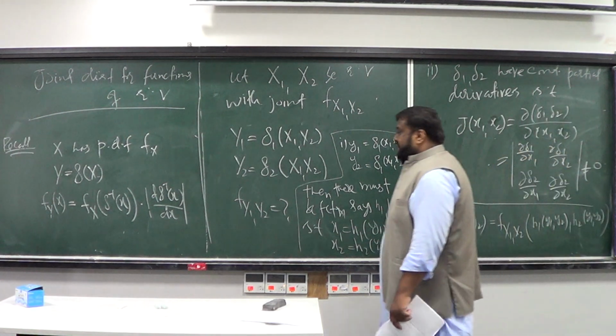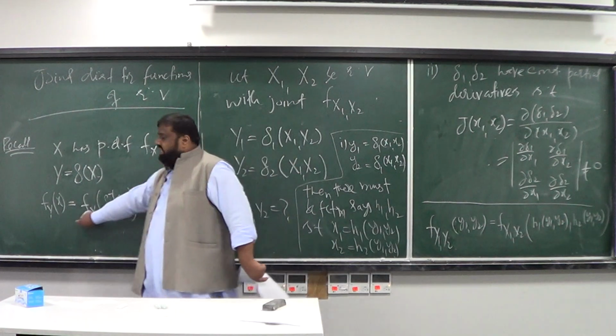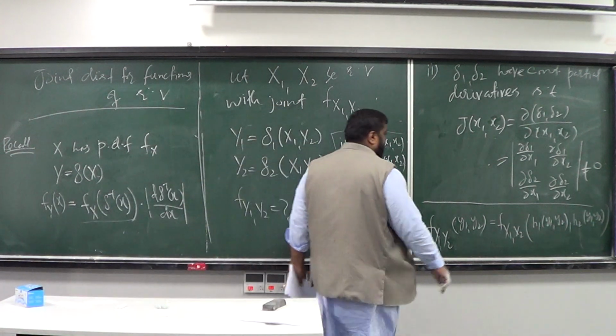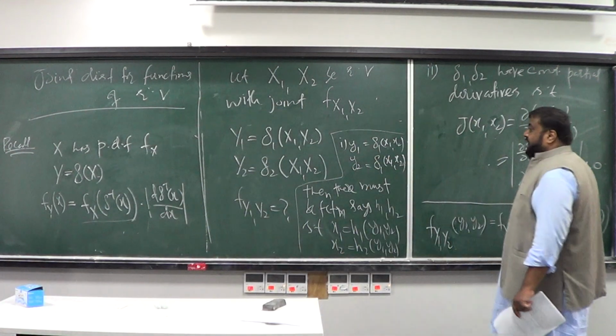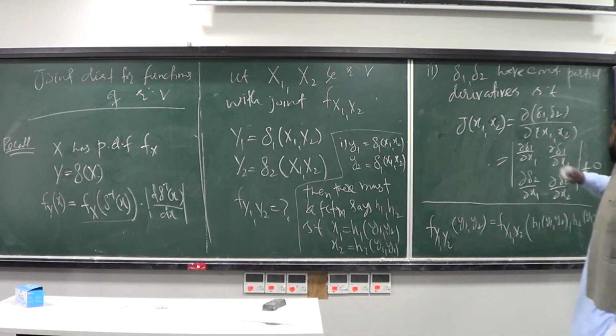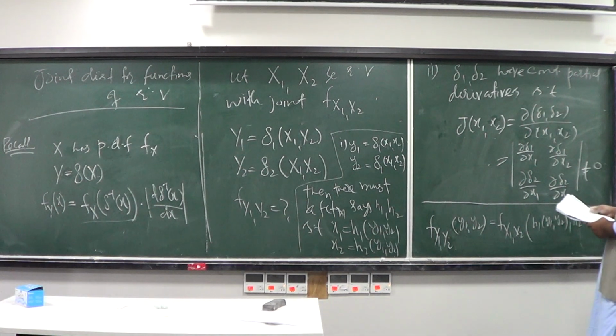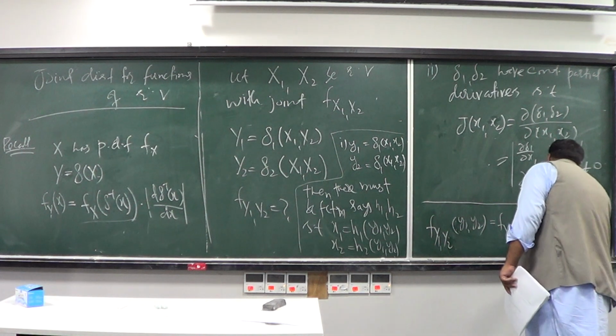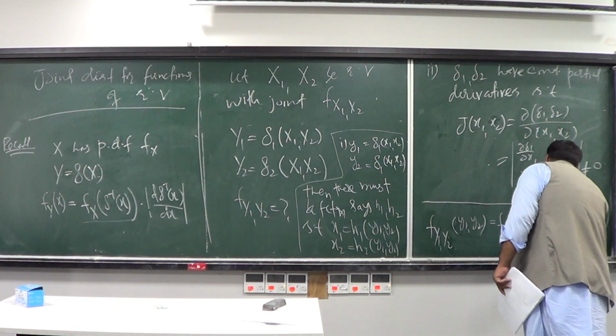So this term is like this, and it is multiplied by the Jacobian, not just the Jacobian, but the reciprocal of the Jacobian.